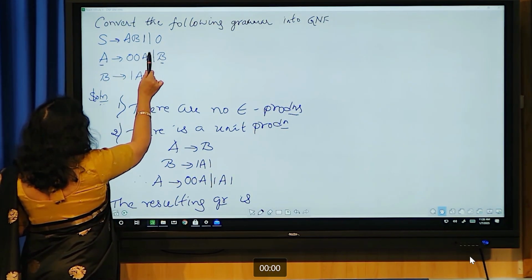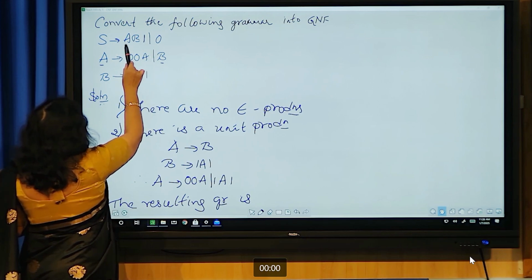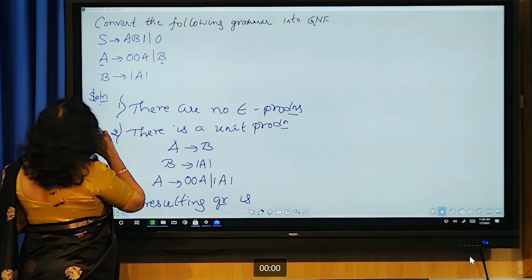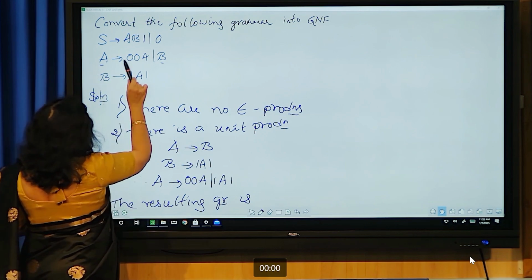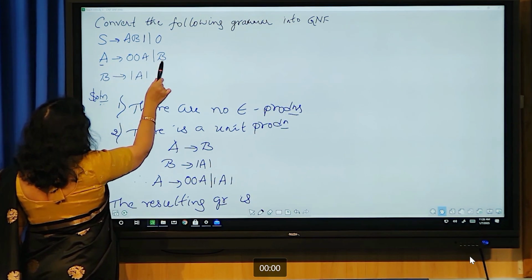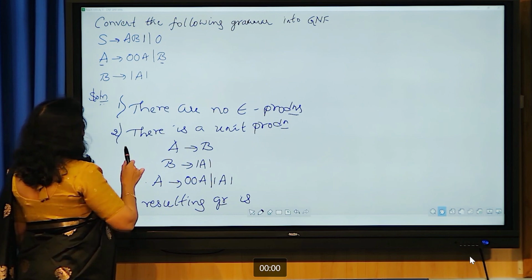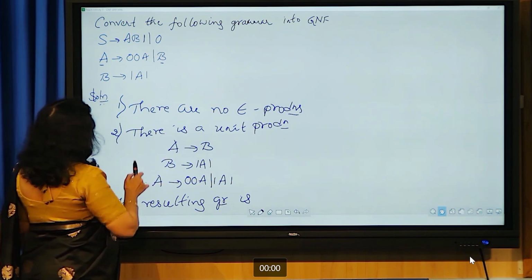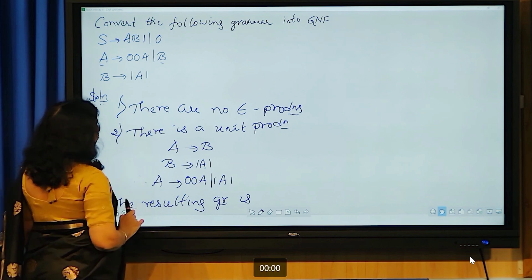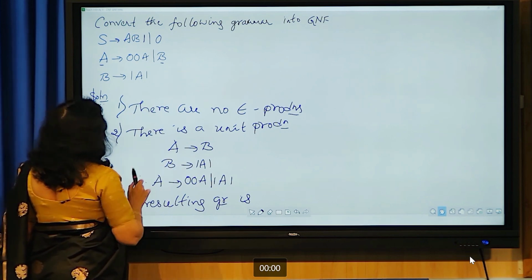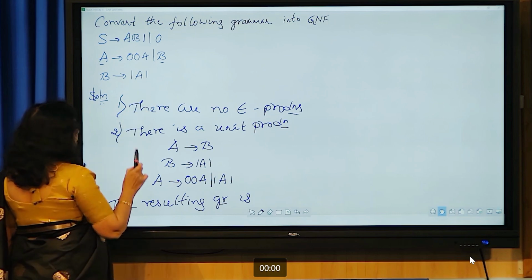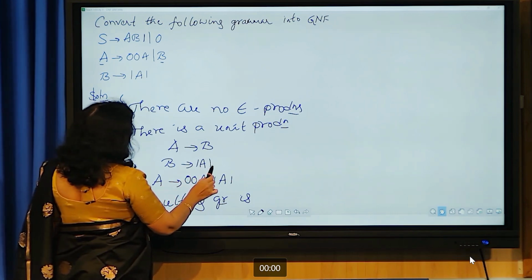S produces AB, so we have A and B as the productions. Now A produces B. To start with, there are no epsilon productions, but there is a unit production, this. What is the B production? B produces 1A1.